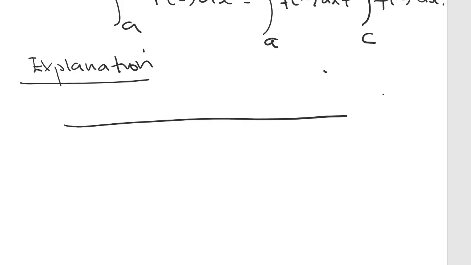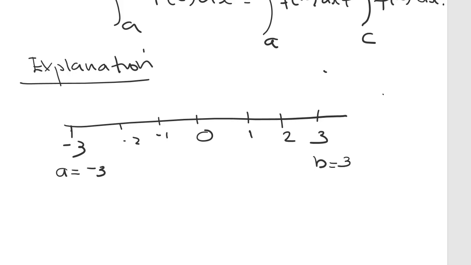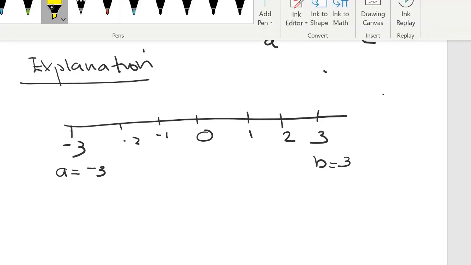Suppose I'm considering the number line, and we have an integral where a is -3 and b is 3. So our interval is lying from -3 to 3.